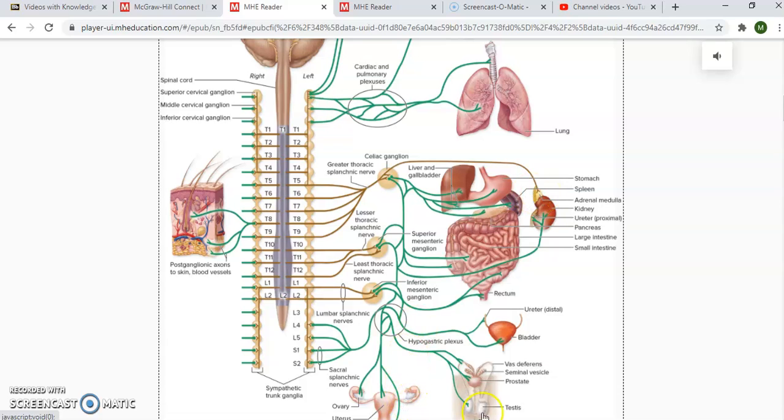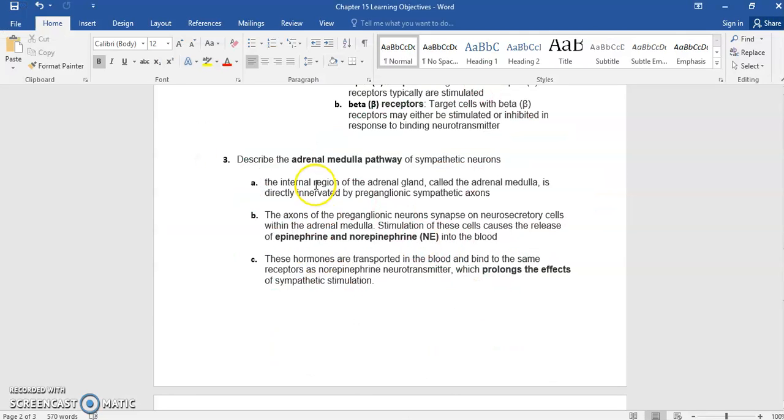Those little cells in the adrenal medulla are part of the nervous system and part of the endocrine system. They're part of the nervous system because they have receptors for neurotransmitters, so they can be stimulated by the sympathetic preganglionic neuron.